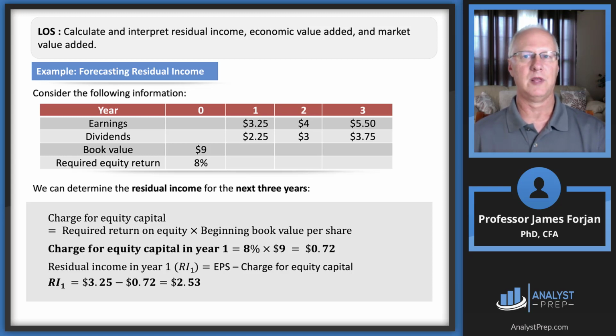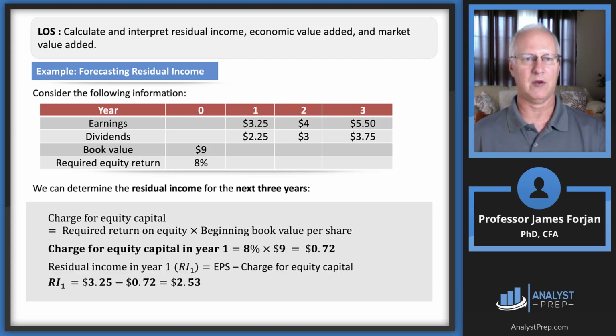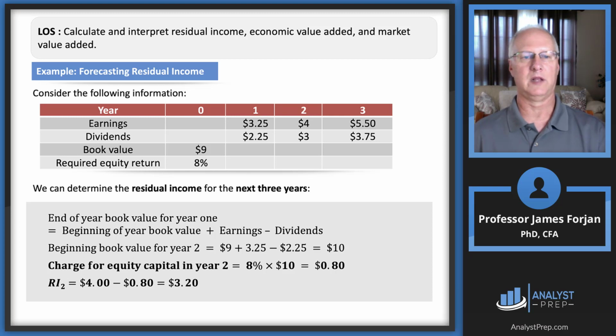And so the question then asks us to continue to do this for the next couple of years. So we'll have to first compute that beginning book value at the end of year 1 or the beginning of year 2. Now remember, back here we were given that $9, right? So here we have to calculate it. So we'll start with the $9, add the 3.25 in earnings, and then subtract out the 2.25 in dividends.